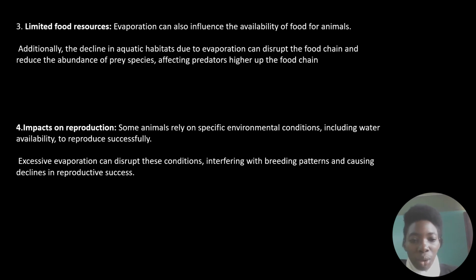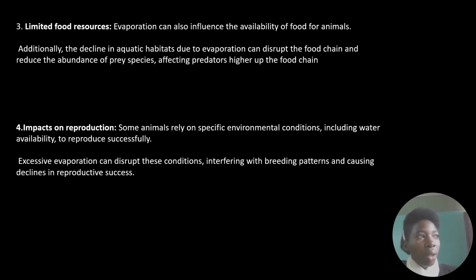Another impact is on reproduction, where an excessive evaporation rate can impact the reproduction of animals, as some animals rely on specific environmental conditions, including water availability, to reproduce successfully.